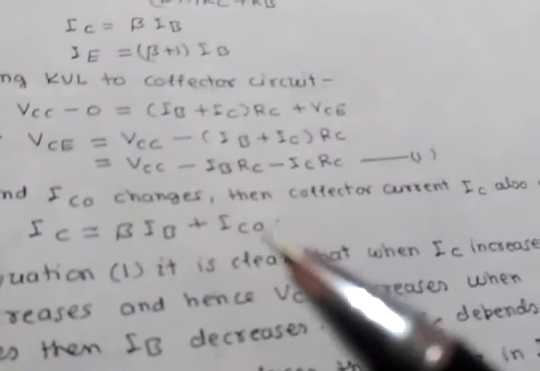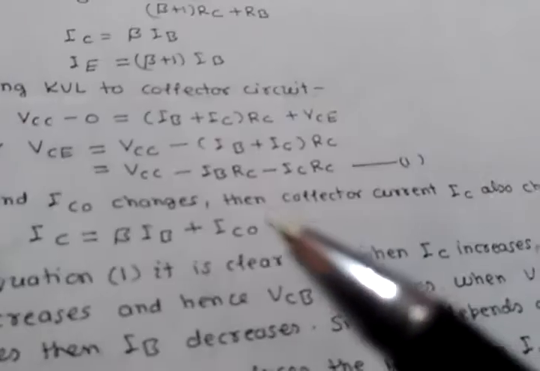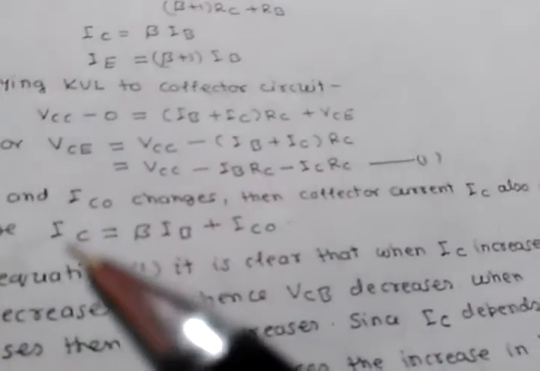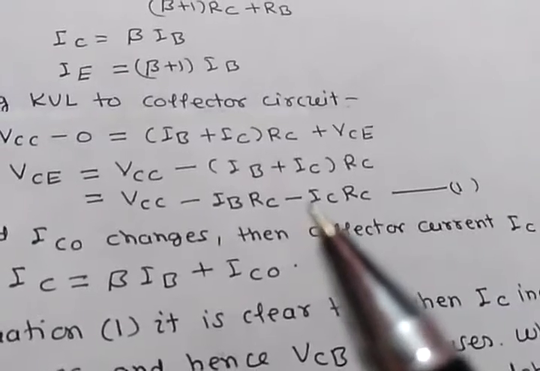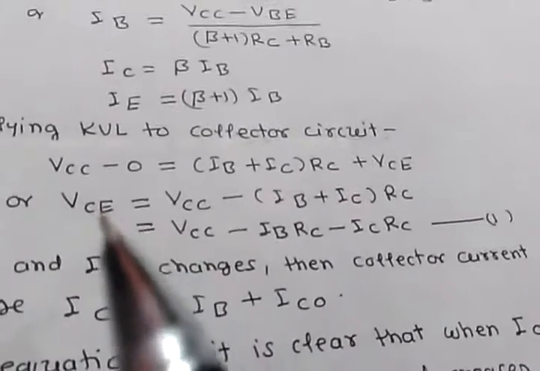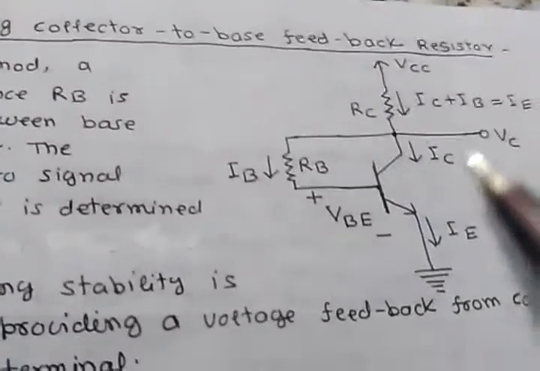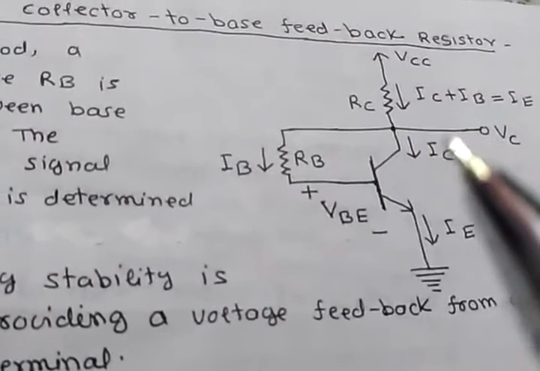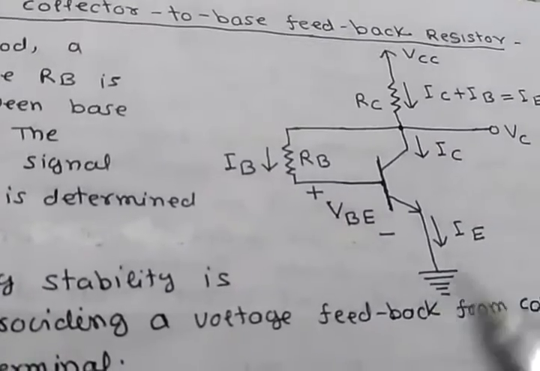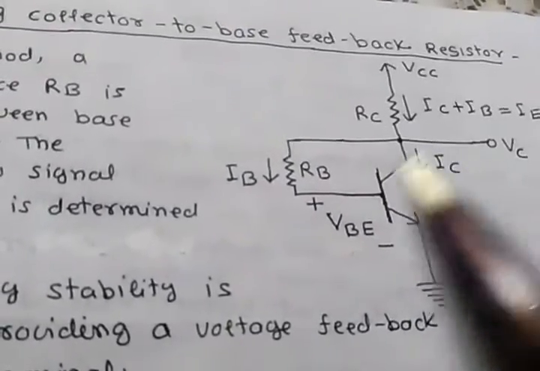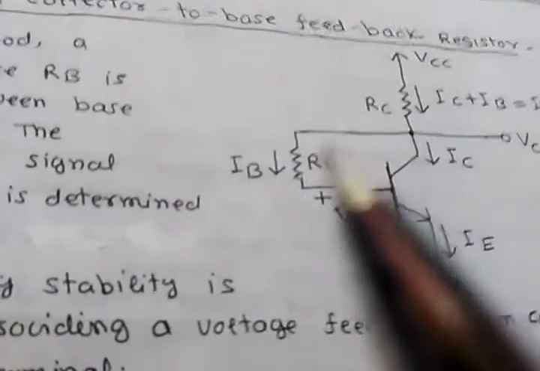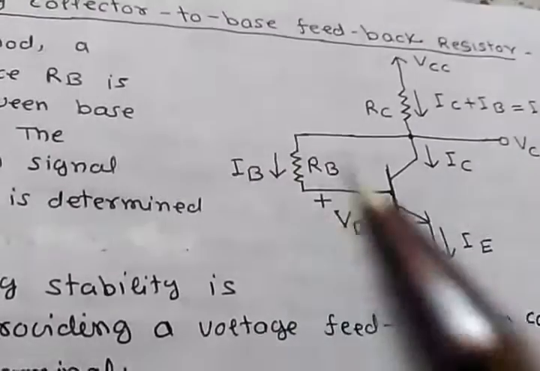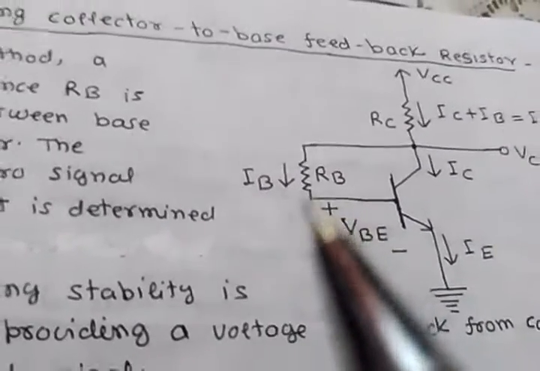If due to leakage current or change in temperature the collector current increases, then from this equation it is clear that when IC increases, then VCE decreases. And see this circuit: when VCE, the voltage across collector and emitter, decreases, it means the voltage at the collector terminal decreases. Due to this, the voltage across this resistor will decrease, so IB will reduce.